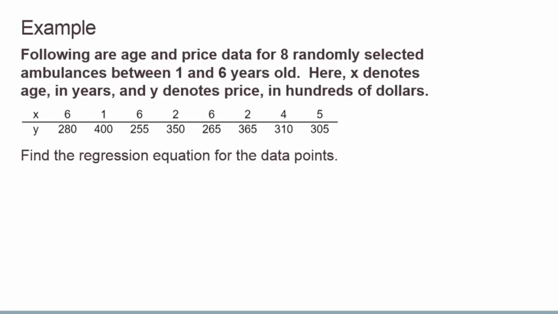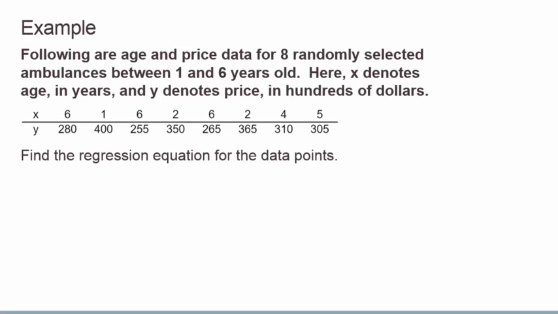Example: following are age and price data for 8 randomly selected ambulances between 1 and 6 years old. Here, x denotes age in years and y denotes price in hundreds of dollars. We have data for x and y.